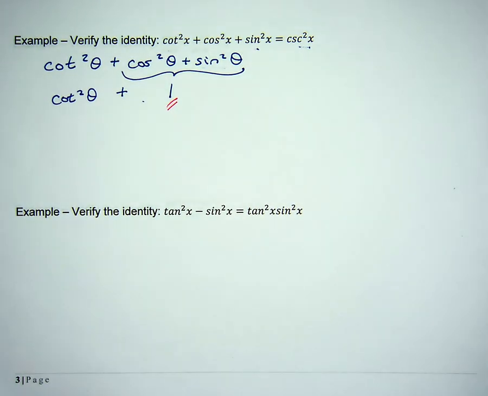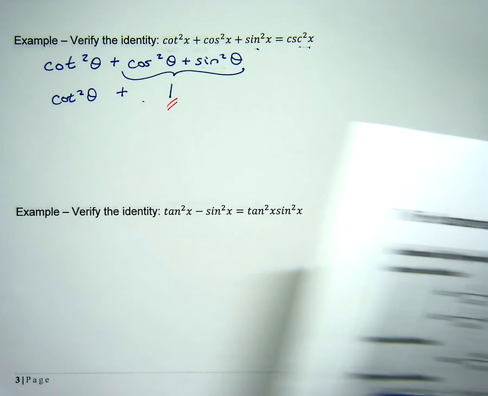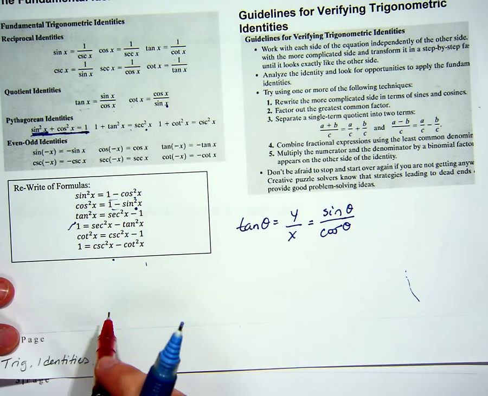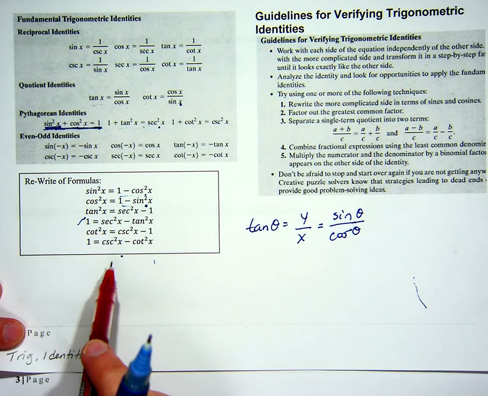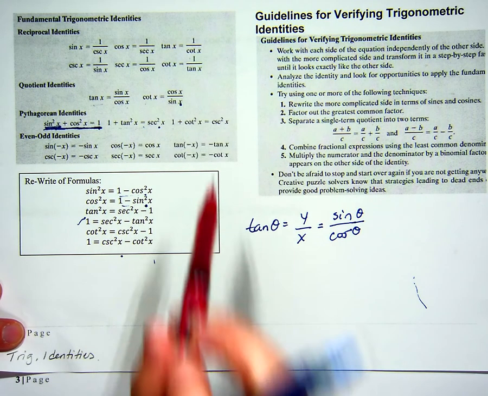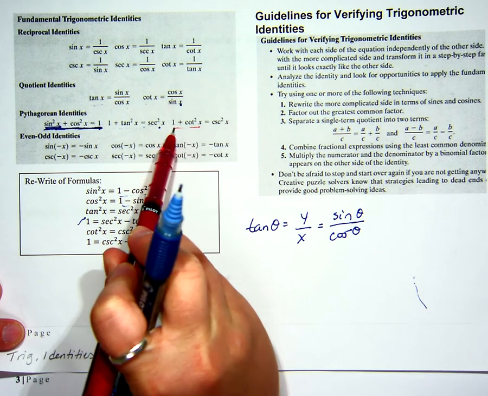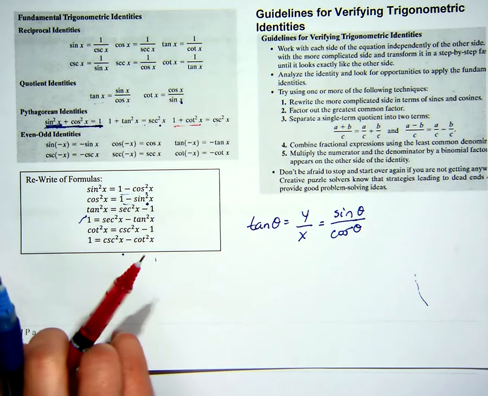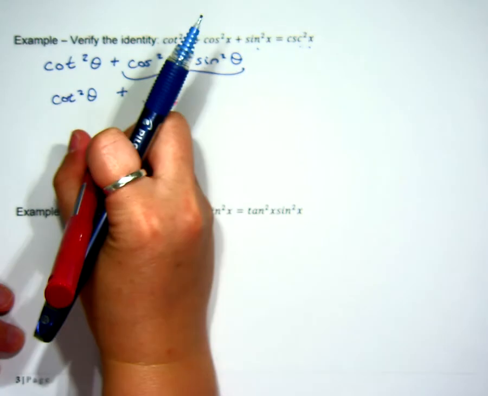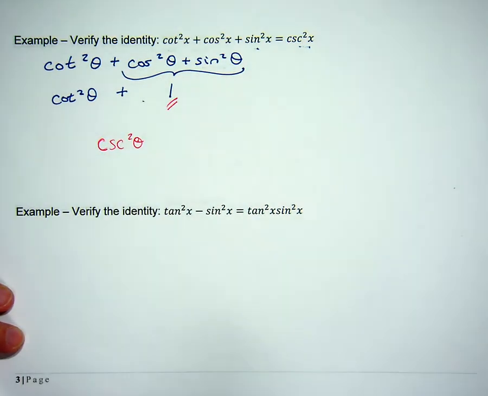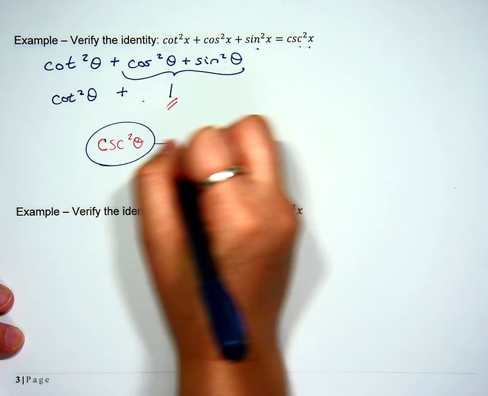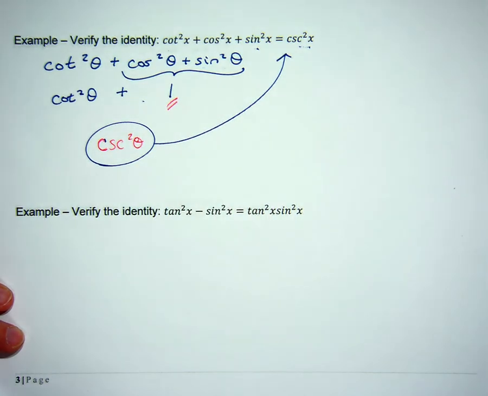I'm looking for cotangent squared plus 1. There it is, equal to cosecant squared. Well, this is nice, because this is actually what I was told to verify.